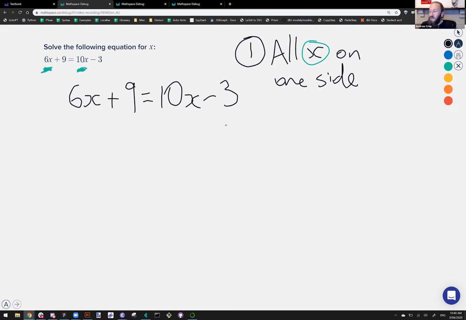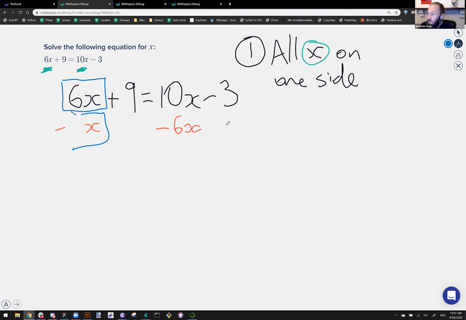And I'm going to subtract 6x from both sides. The reason I'm doing this is that you can think of them once again like blocks. So I've got this 6x block and I'm minusing, oh, that was lame. Let me just fix up that box there.